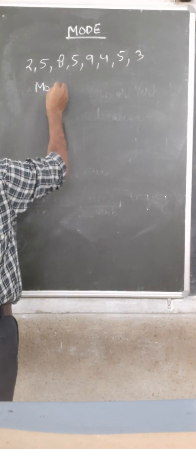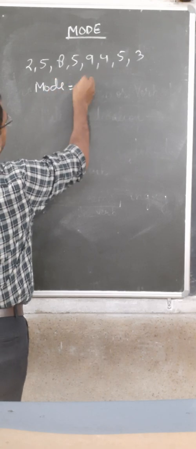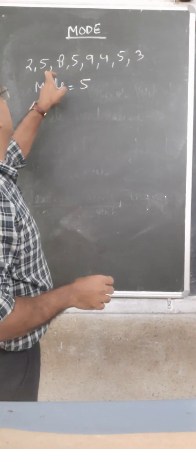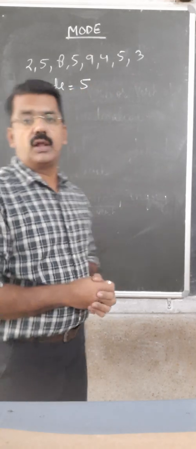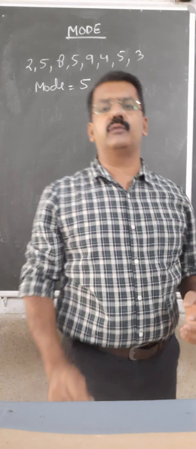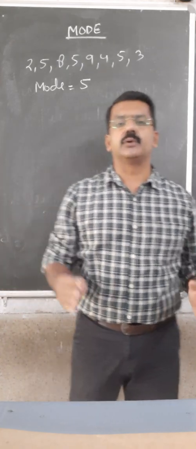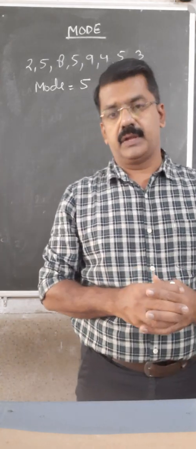Here you can see the mode will be 5, because 5 is occurring 3 times. All the other numbers are occurring only 1 time, whereas 5 is occurring 3 times. So the mode will be 5.